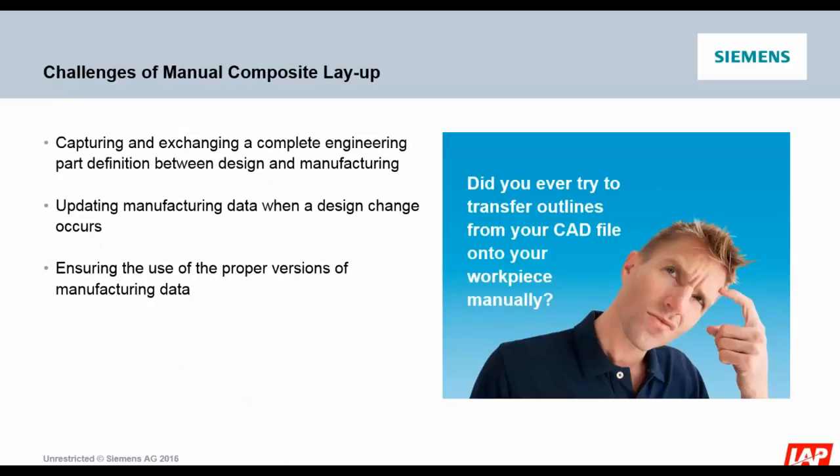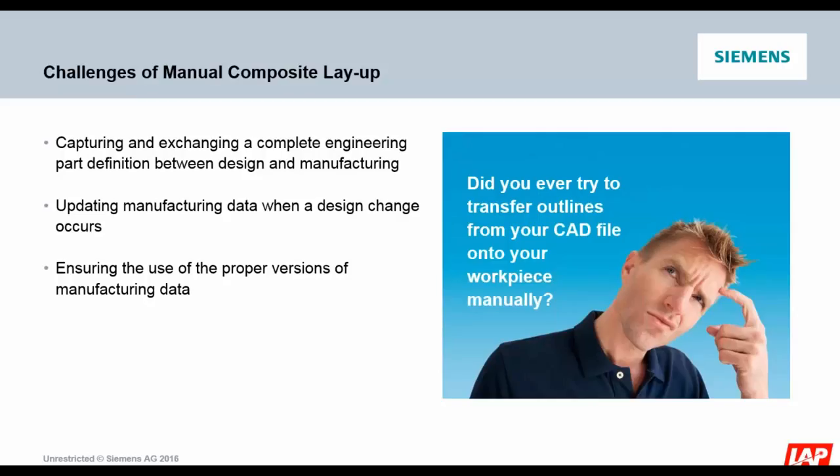So to talk a little bit about the challenges that are occurring with manual composite layup, and there is a significant amount of manual composite layup that still occurs out there, is really trying to capture and exchange a complete engineering part definition or composite part definition between design and manufacturing.